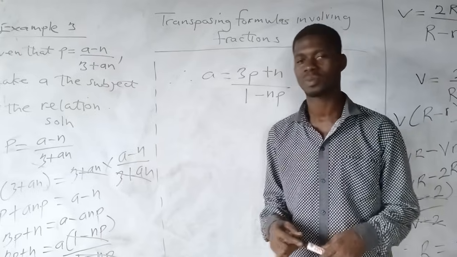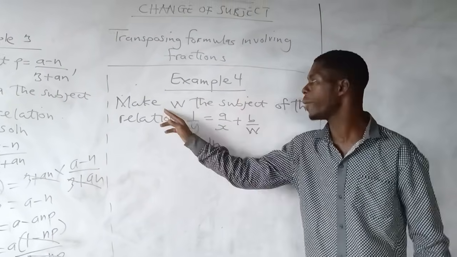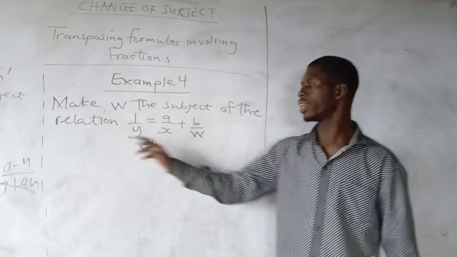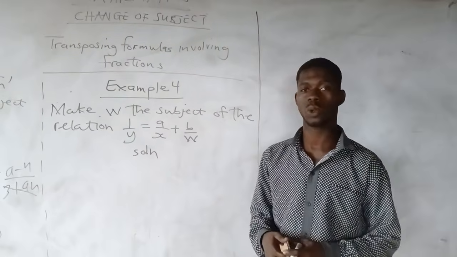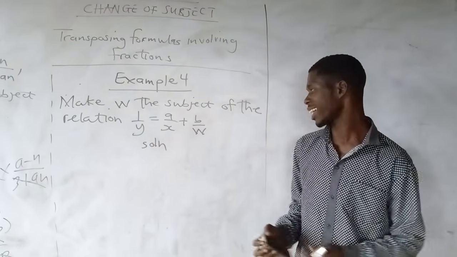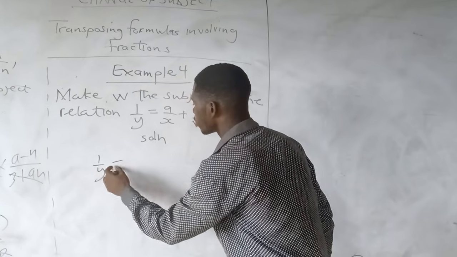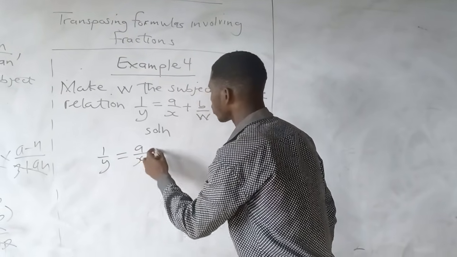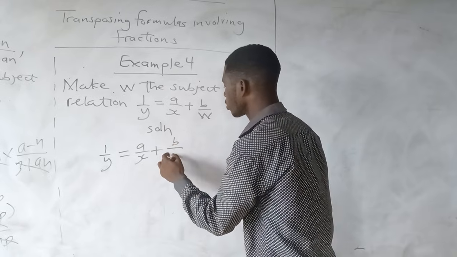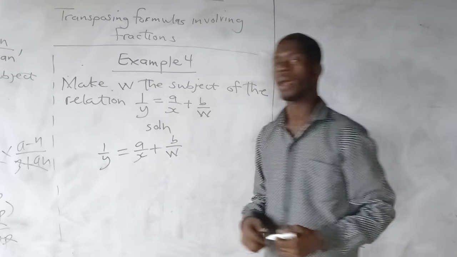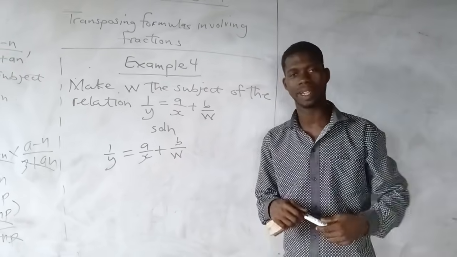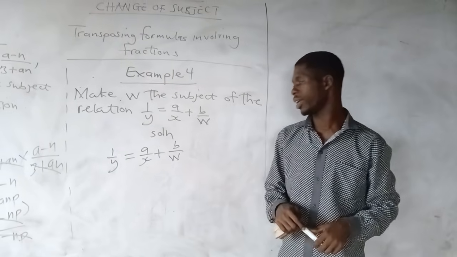Okay, so example 4 says make W the subject of the relation. So we are making W the subject of this relation.